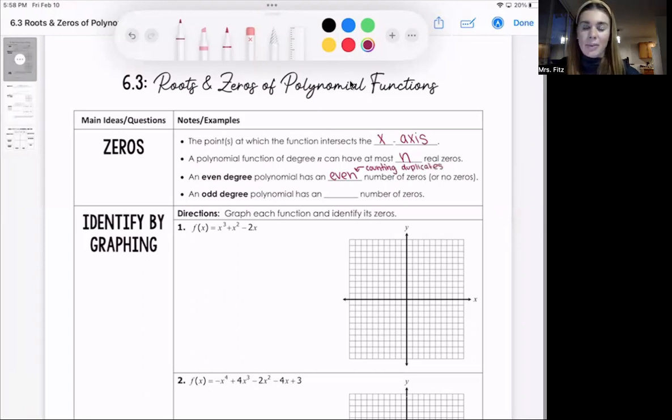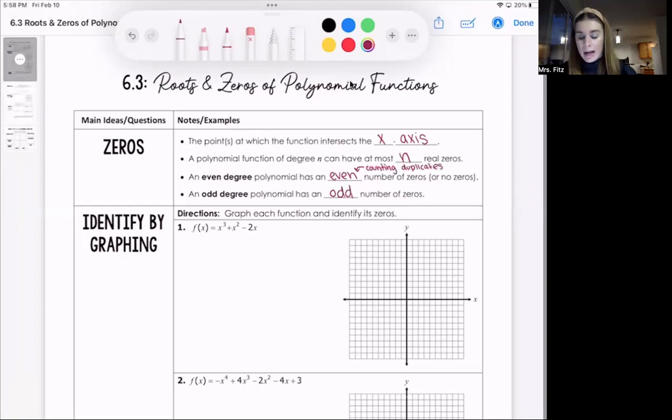Because you can have, for example, x squared equals 0. Technically, there's only one answer for that, right? But it's x times x, so we double count that as 2 zeros. We'll get into that. An odd degree polynomial has an odd number of zeros.